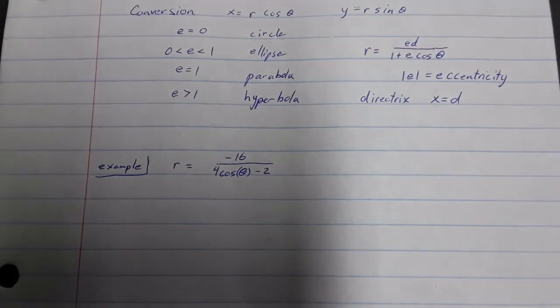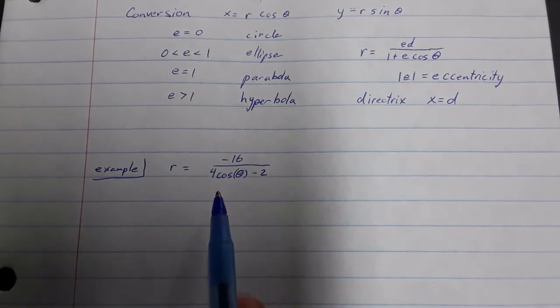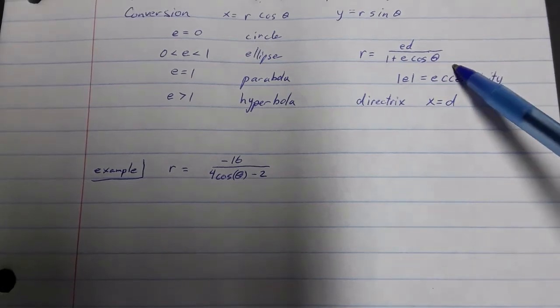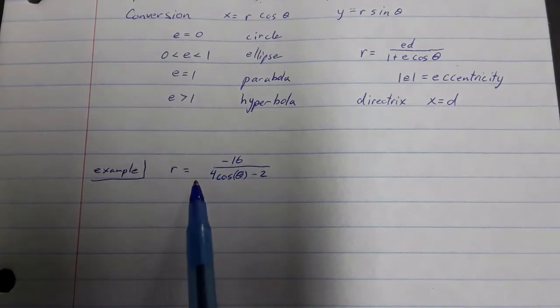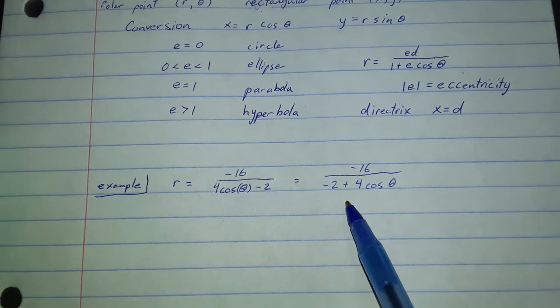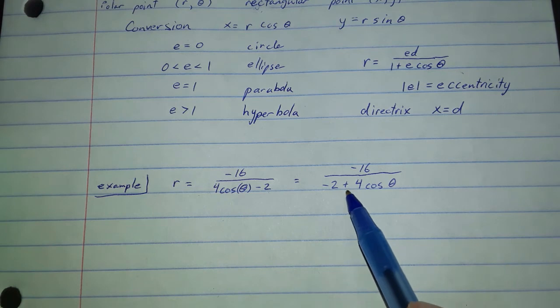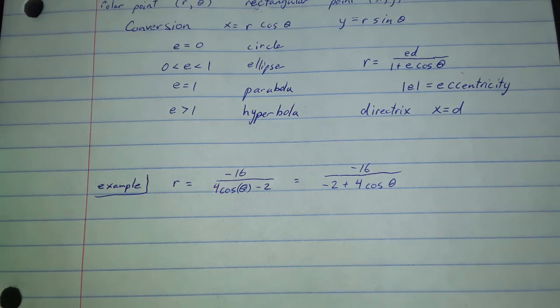All right, I want to look at this example, and I want to determine the eccentricity, the equation for the directrix, and what type of conic this is. So the first thing that I want to do is move it around so that I have this standard form. So by the commutative property, I'm going to move this -2 over here to the left. Okay, so when I move this -2 over to the left of the cosine, I'm going to add the addition sign in here so we know that the -2 is being added to this.